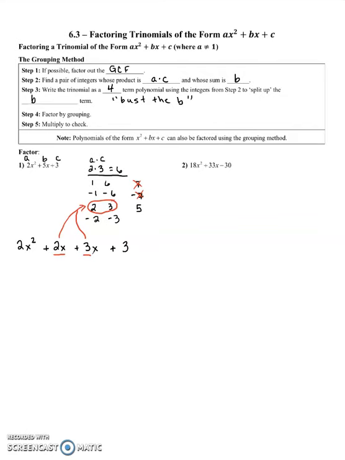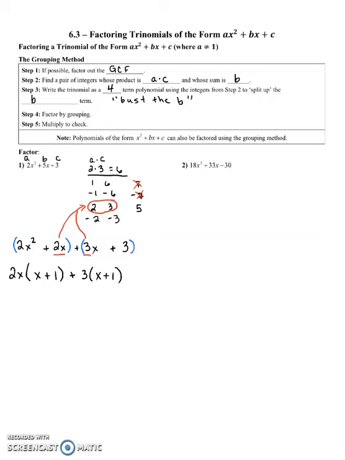Now we're going to factor this by grouping. We group the first two terms, and we group the second two terms. We factor out the common factor in the first parentheses, which is a 2x, which leaves us with an x plus 1. And then plus the common factor from the second group is 3, which leaves us an x plus 1.